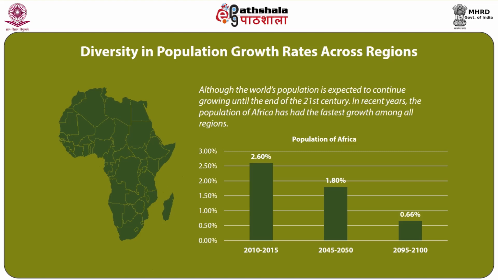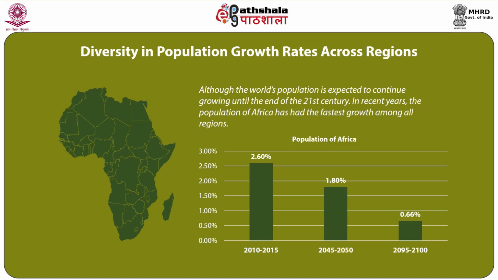Although the world's population is expected to continue growing until the end of the 21st century, in recent years the population of Africa has had the fastest growth among all regions, increasing at a rate of 2.6% annually during 2010 to 2015.